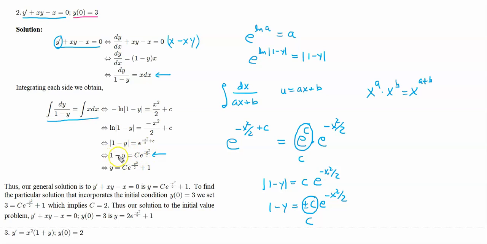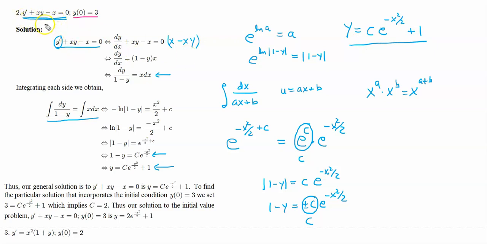Now you will get 1 minus c e to the negative x squared over 2, but you can absorb the negative in with the c, and you end up with this equation right here. So there you go. We have found that our y is c e to the negative x squared over 2 plus 1. That is the general solution to this differential equation.